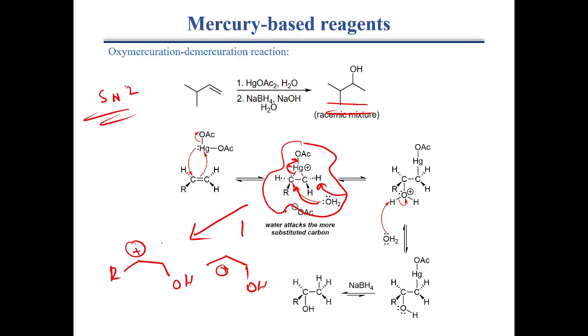That's why the attack preferentially occurs from this side. So this form, after NaBH4 treatment, will give this alcohol. The H minus attacks directly at the carbon and liberates the mercury. So this will give the demercurated product. First is the oxymercuration, so mercury and oxygen attack, and after that demercuration by NaBH4.